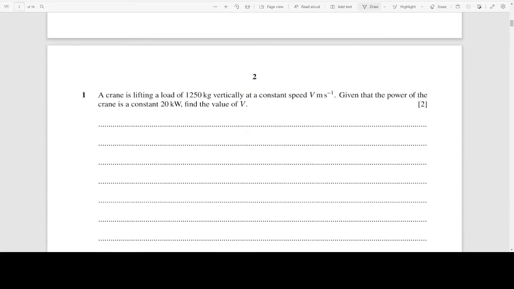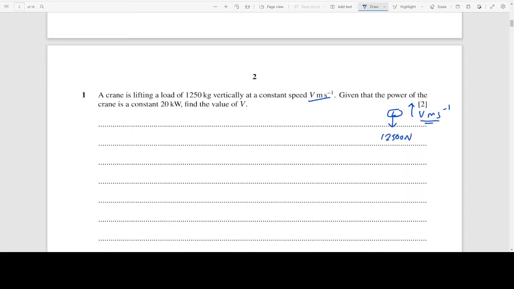A crane is lifting a load of 1250 kg vertically at a constant speed of V. Given the power of the crane is a constant 20 kilowatt, find the value of V. Alright, so let's see. We have this load L, which is being lifted up vertically with a constant speed of V meter per second, and the weight is 12,500 Newton.